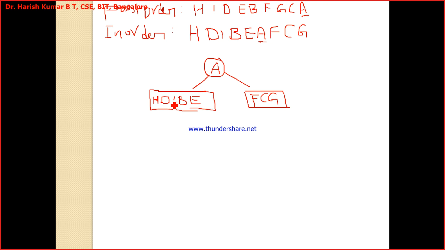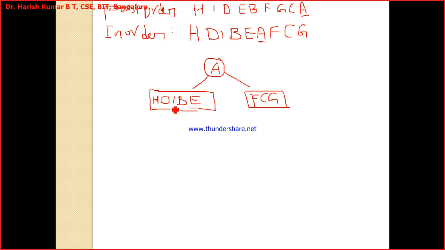So try to find these characters in the post order. See, H is here, D is here, B is here, E is here, and I is here. Now I'll try to go for sequencing these characters as per this. See, it is the same set of characters, H D I B E, and this is also H I D E B. That is a little different. The sequence is little different.